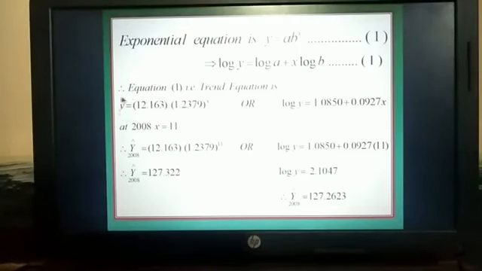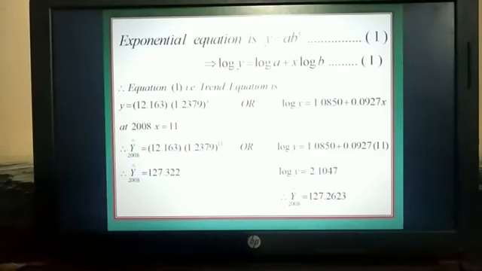But here in the question it was asked to fit an exponential equation of the type y is equal to ab to the power x. So this can be the prominent trend equation in this particular question, but nothing wrong even if you write in this particular fashion, as this one is the simplified version of the first equation what we had.